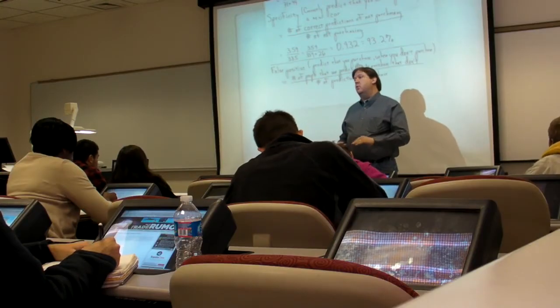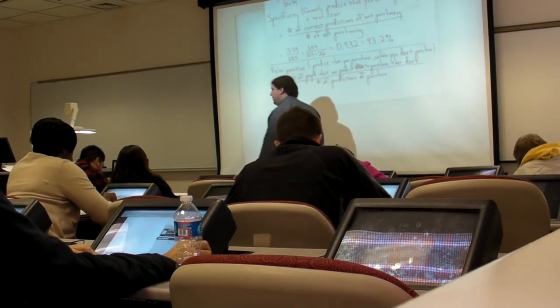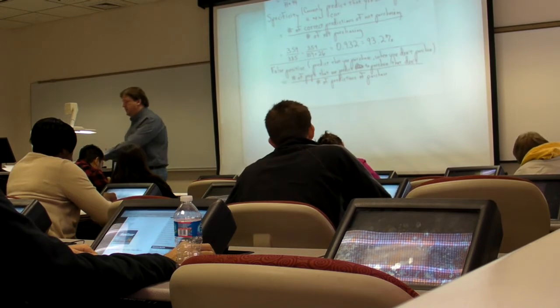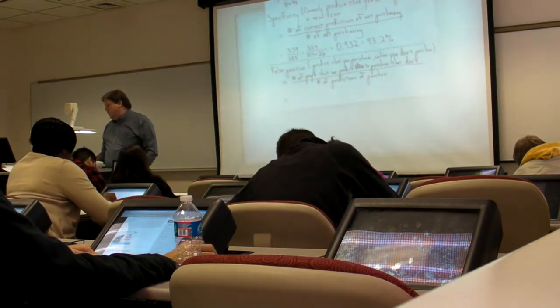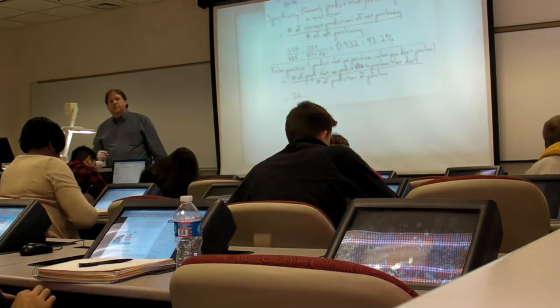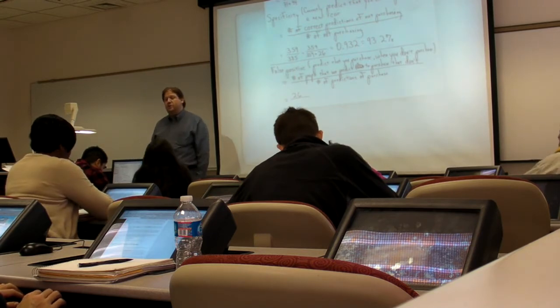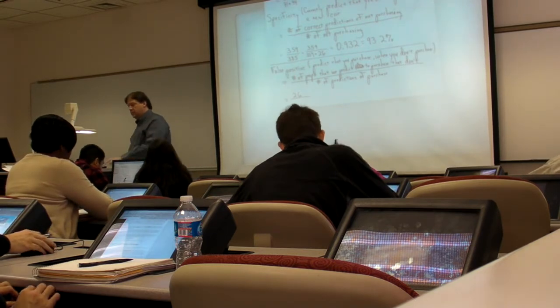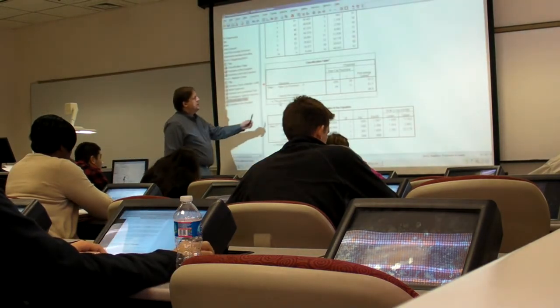Number of people that we're going to predict to purchase a new car. So in this case, we have 26 people that we predict will purchase a new vehicle who actually don't. I'm getting that from here.